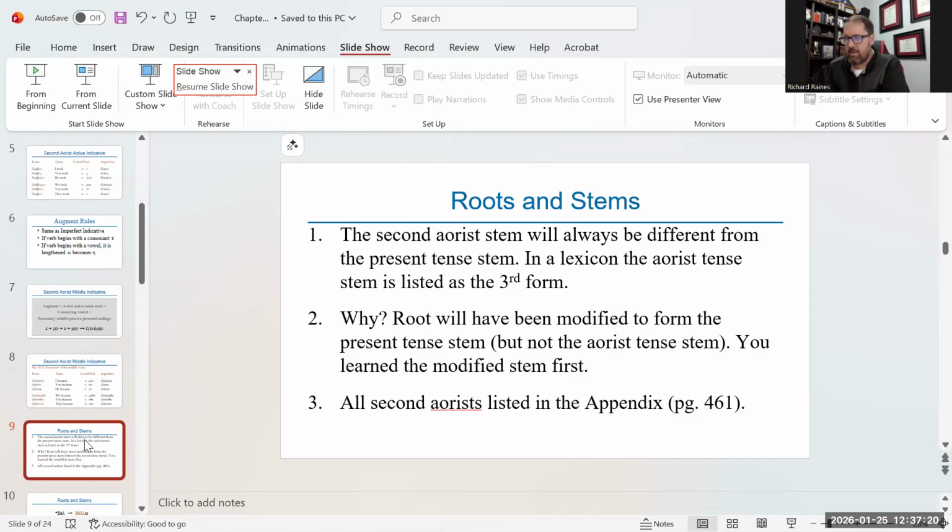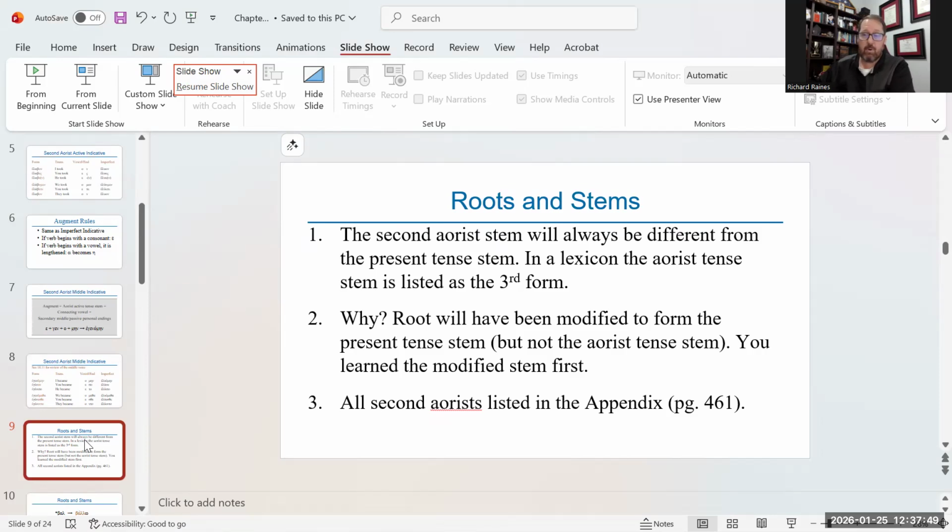So you can see that aorist tense is that lambda, alpha, beta. So that third form is going to be the aorist tense. That's a really good way to learn these aorist stems and to see these words in their aorist form, because of these words on pages 461 through 462.